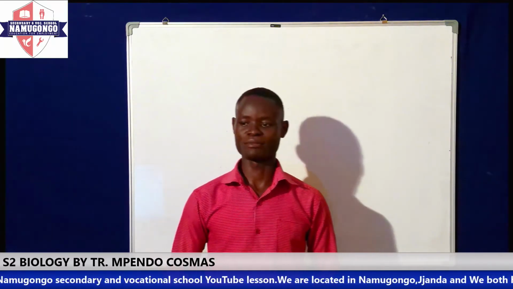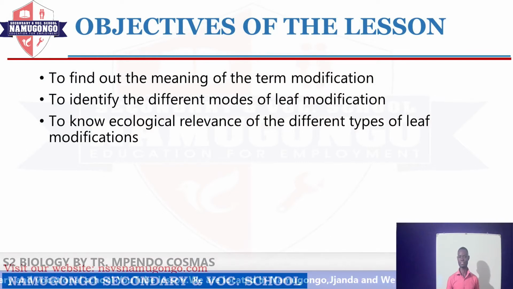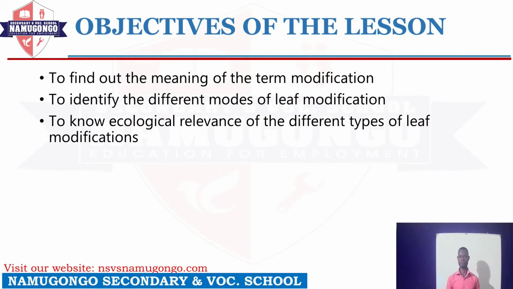The main objectives of this lesson are that I want every student, wherever you're watching from, to keep the following in mind. First, we're going to look at leaf modification as a topic.